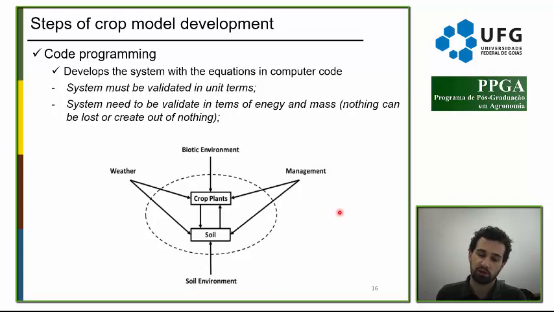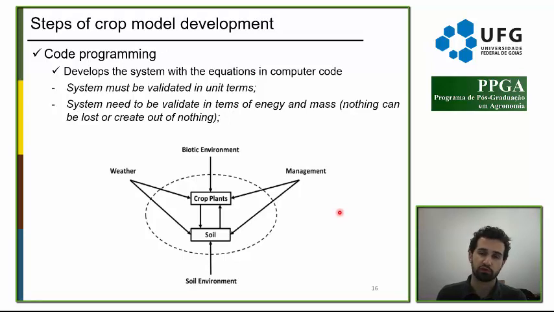So between input, state variable, and output, I need to always have the total value available in the crop model. If I put in 10 liters of water, these 10 liters go to the soil, and then I lose 5 by drainage and 5 by crop transpiration.